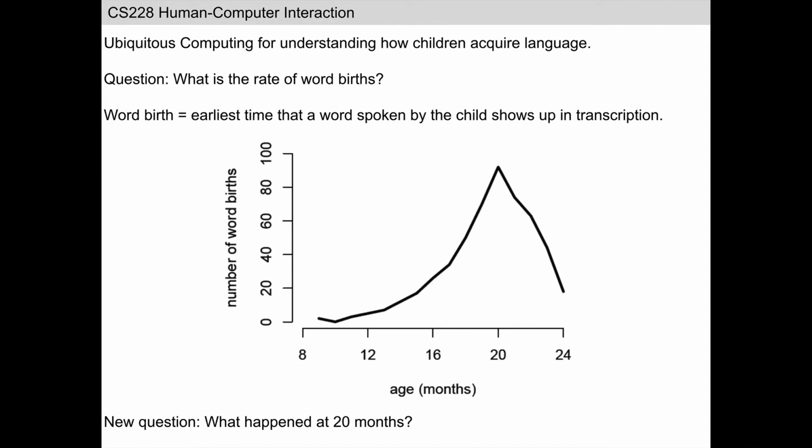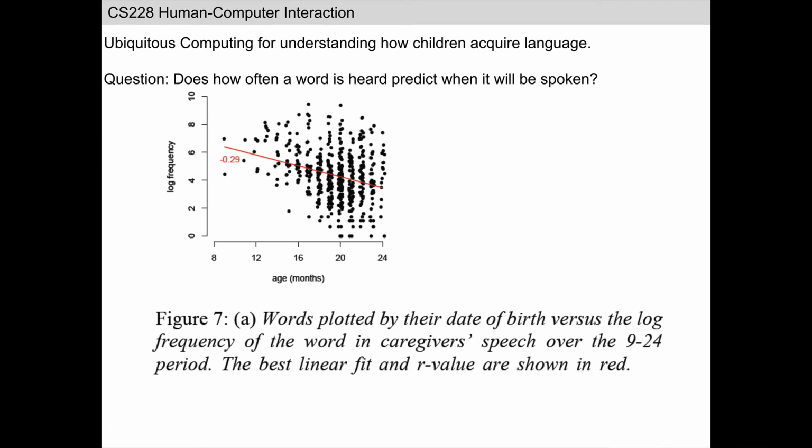Here's another question and some data that attempts to support that. Does how often a word is heard by the child, how frequently a word is uttered in the house, predict or correlate with when it will be spoken for the first time by the child? And it seems that the data for this particular child suggests the answer is yes.